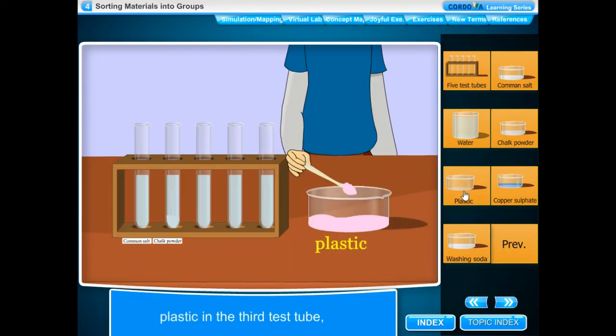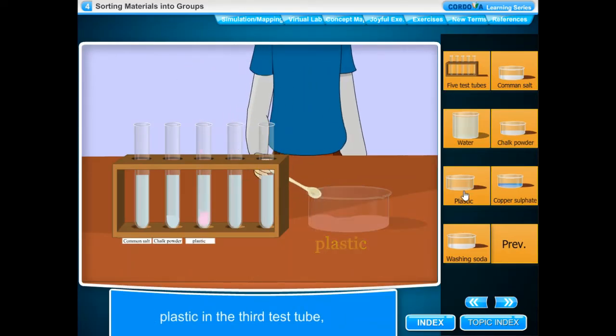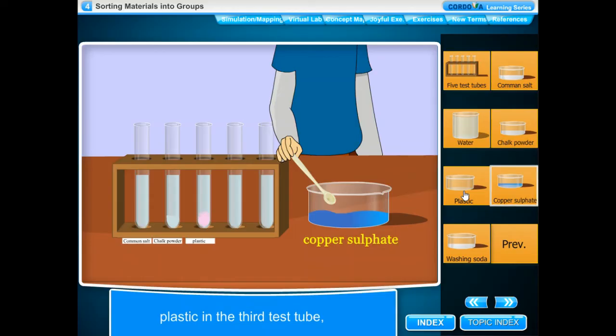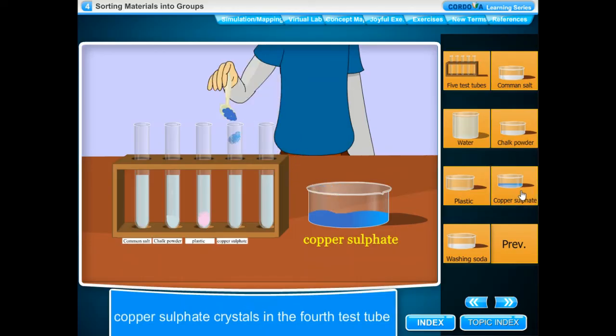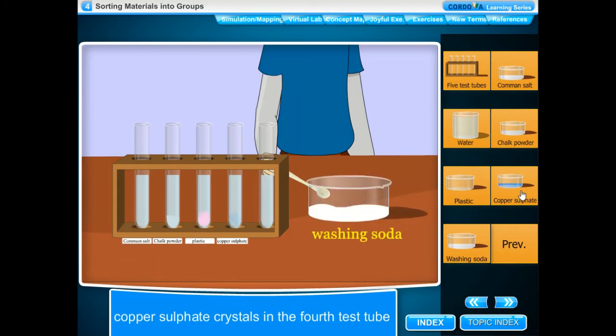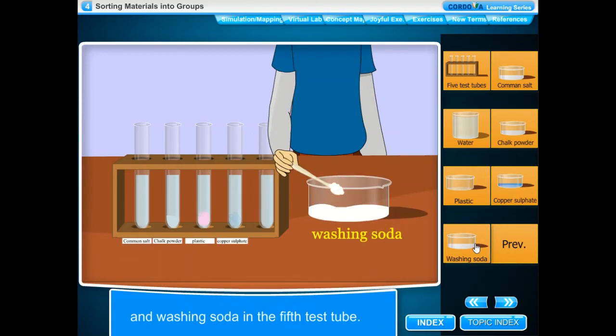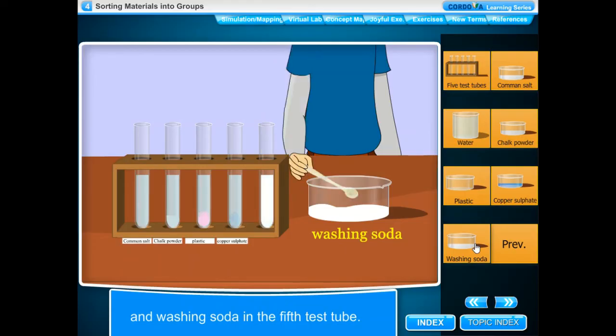Plastic in the third test tube. Copper sulfate crystals in the fourth test tube. And washing soda in the fifth test tube.